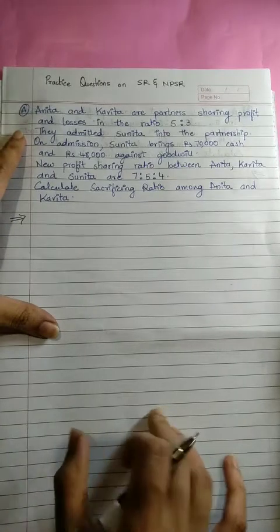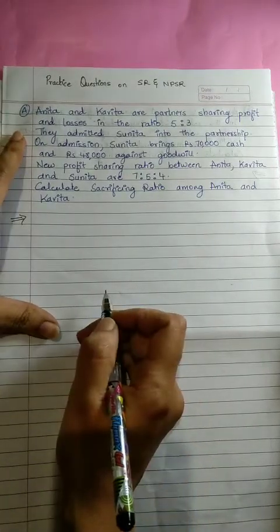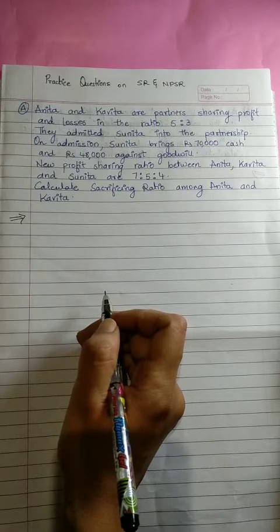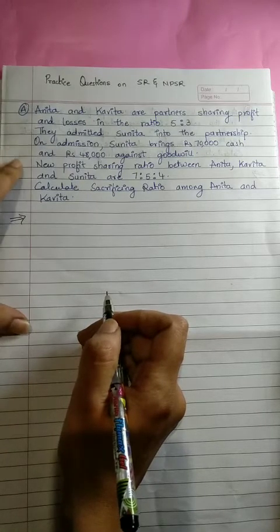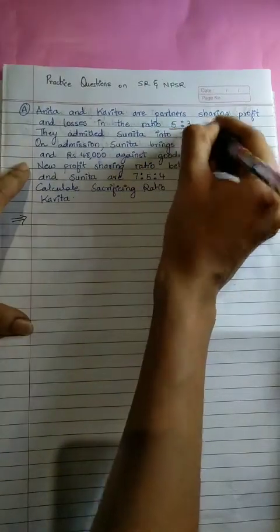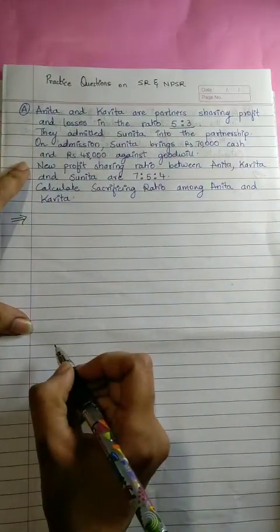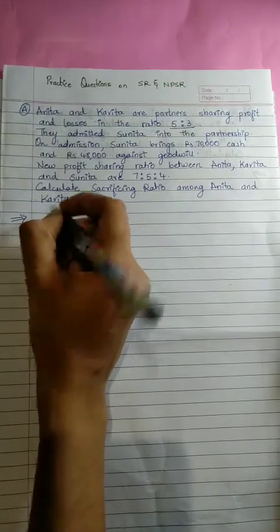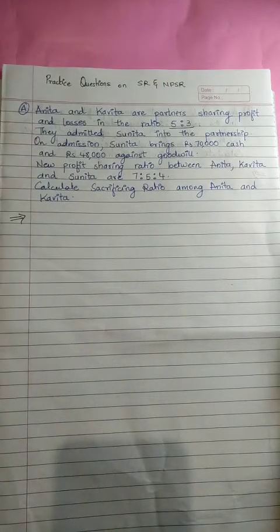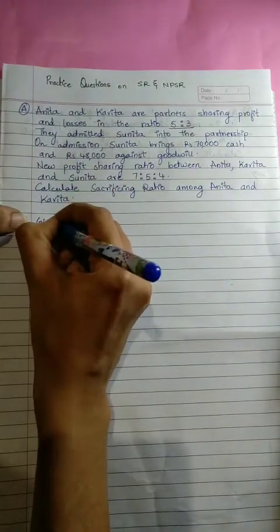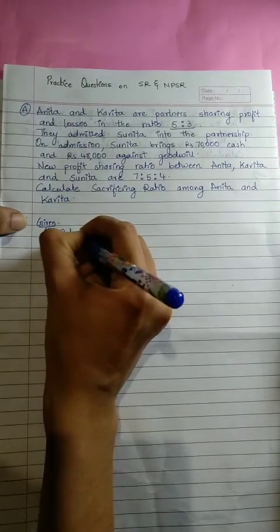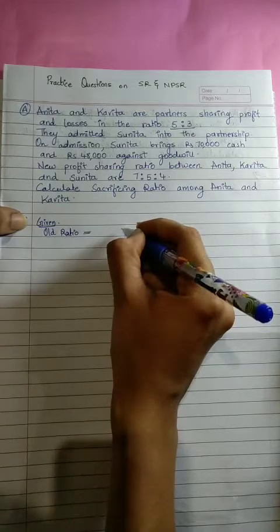Problem number A. Anita and Kavita are partners sharing profits and losses in the ratio 5:3. So what is this 5:3? This is the old ratio of old partners. So what is given to us in the question? It is given to us the old ratio of old partners.